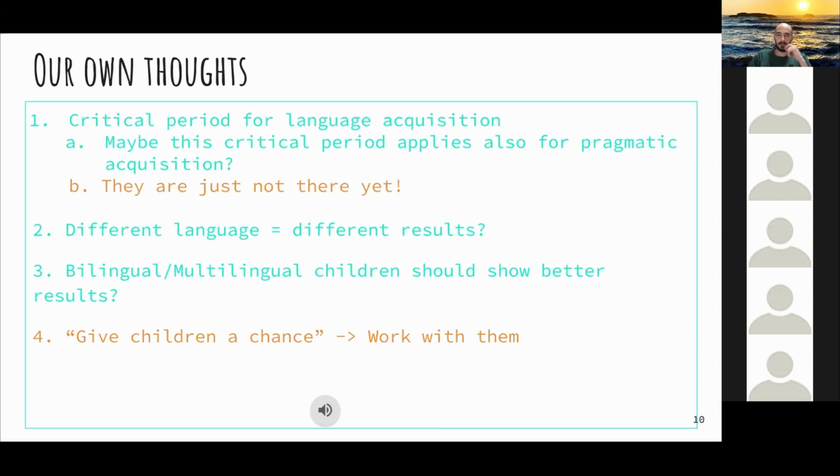Yeah, exactly, a timeline. And we also believe that the more you work with children and the more you talk to them, put them into situations, explain things, make them discover, that will maybe make them realize scalar implicature much faster than other children that adults were not working with. And this is all what this experiment is about, to give children a chance.